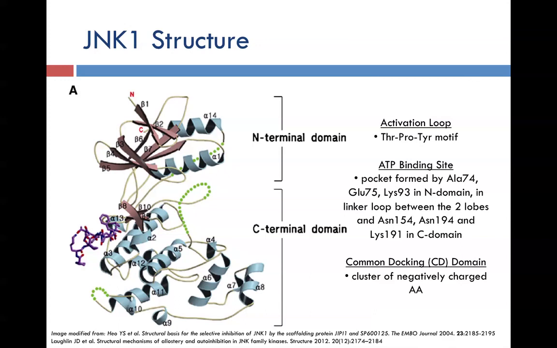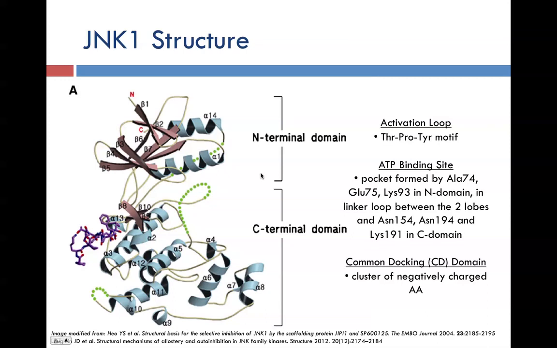The ATP binding site, according to the article, lies between the N and the C lobes, so somewhere in here, whether it's on the first connector between B7 and B8, or the second connector between alpha 13 and alpha 14, I could not tell you. After reading this article a bunch of times, I'm not quite sure.